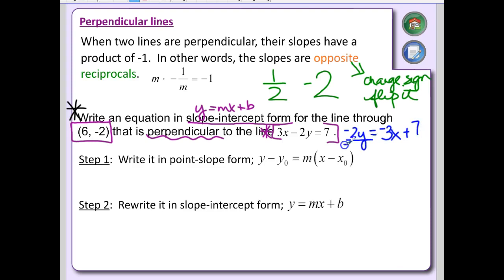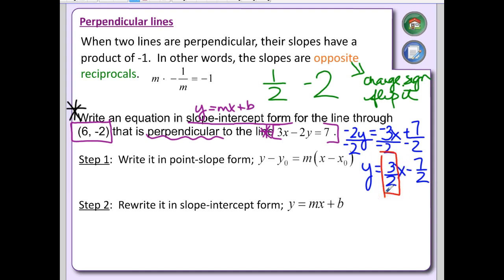Oh, we still don't have y alone yet, so we're going to have to divide everything by -2. So y equals, did you realize we got a negative divided by a negative? 3/2 x minus 7/2. So what is the slope of this line? Well, the slope of this line is 3/2.